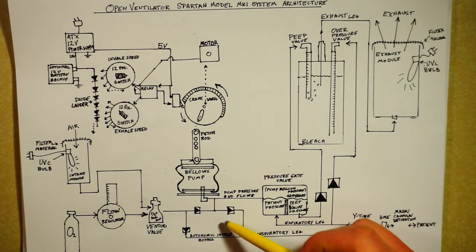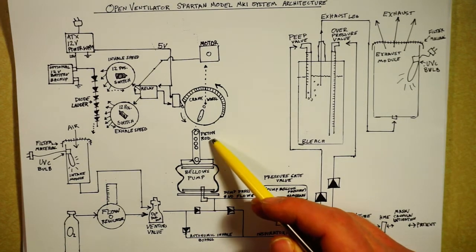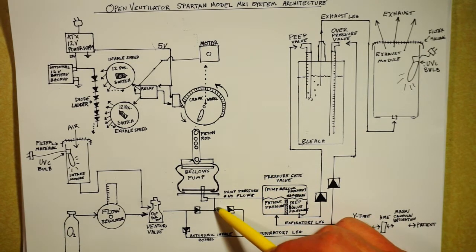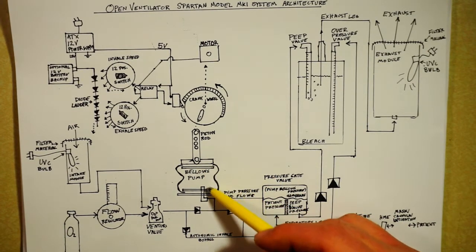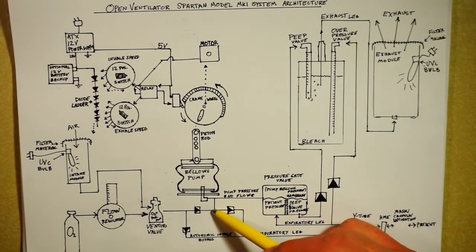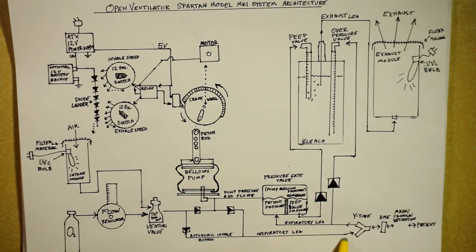Okay, so the pump, when it compresses, it can push air down this leg. Again, when the pump is compressing, this valve is closed due to pressure on this side of this check valve, and it pushes air or mixed air through this check valve and down to the patient.